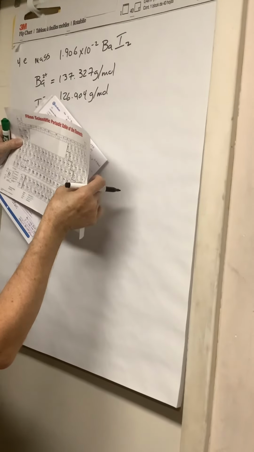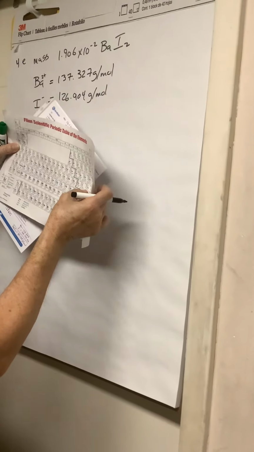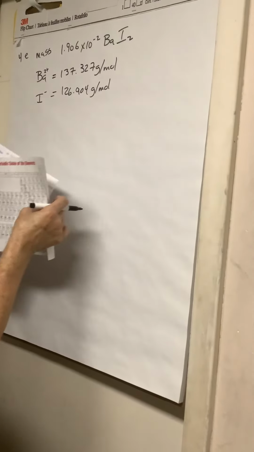Iodine can have various ones, but the -1 is in bold, so it's the most common. And really, the group 7s are really just all -1, except later in the course when we might use some different charges to talk about some bonding. Now, so I need this times 2.